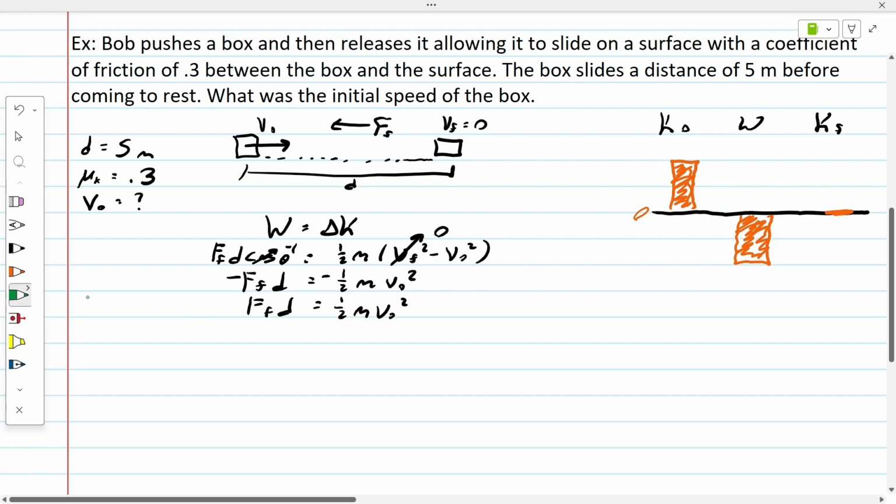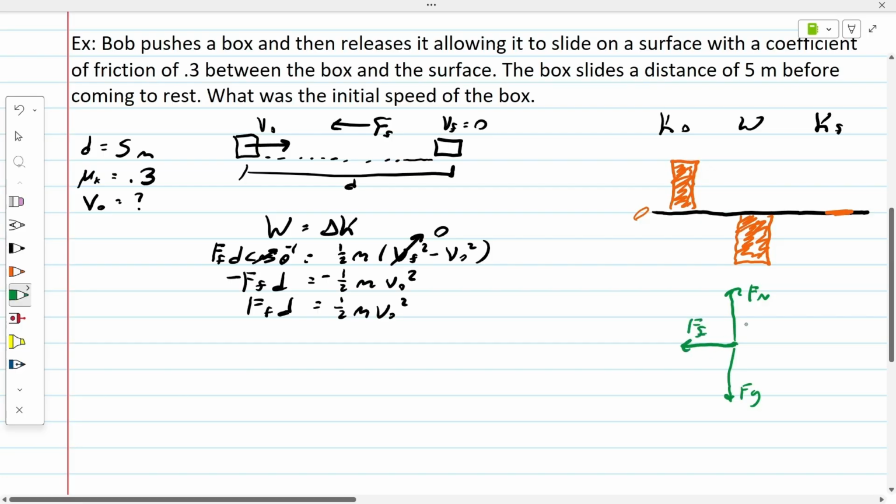So let's draw our free body diagram, because I think that'll help us out. There's going to be some force due to gravity on the box, some normal force, and then the only other force acting on the box while it's sliding is this frictional force.